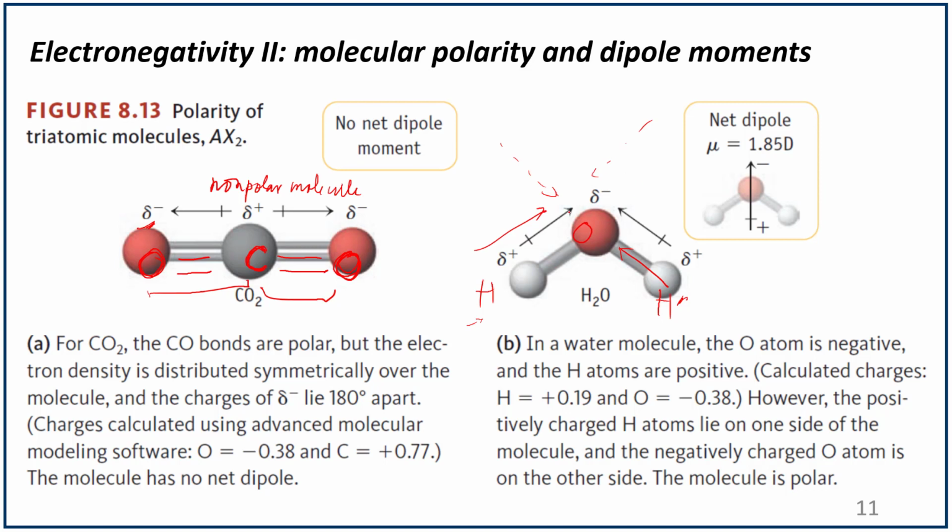So if you add these two dipole moments mathematically, we end up with the net dipole of water pointing upwards. As a result, water is a polar molecule. It's a polar molecule with polar covalent bonds. So, as you can see here, a molecule can have polar bonds but still be nonpolar.